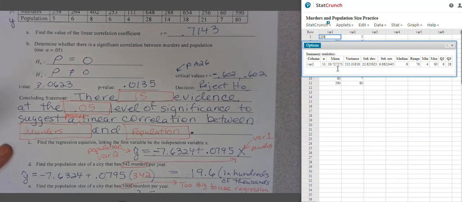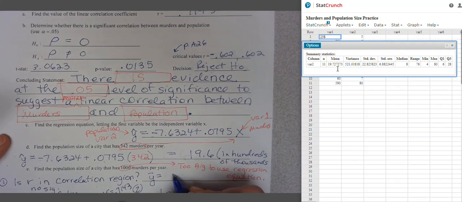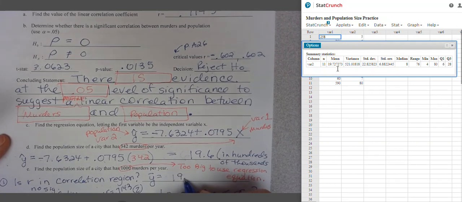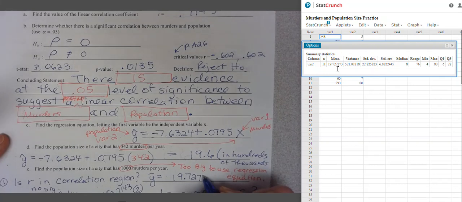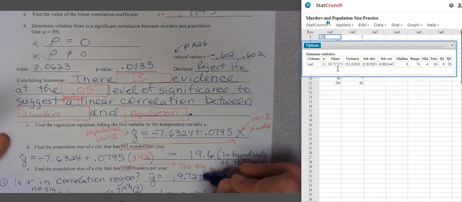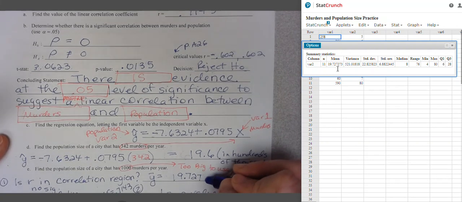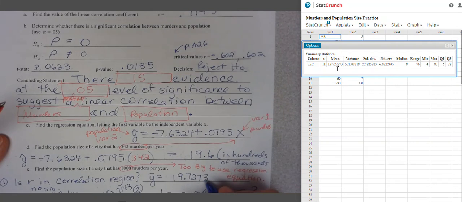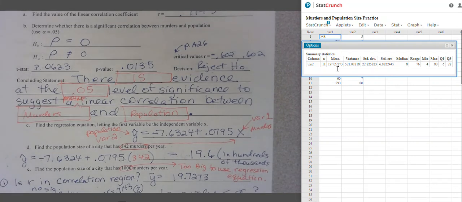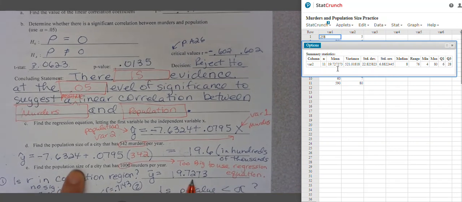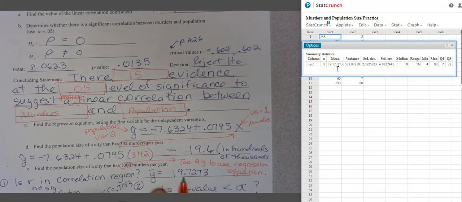Let me write this down: 19.7272. Actually, that would round to 19.7. So our best way to estimate the population size of a city that has 1,000 murders is just to find the mean.